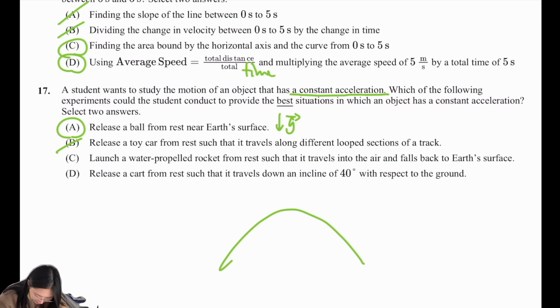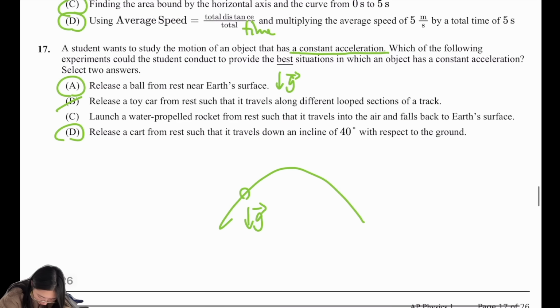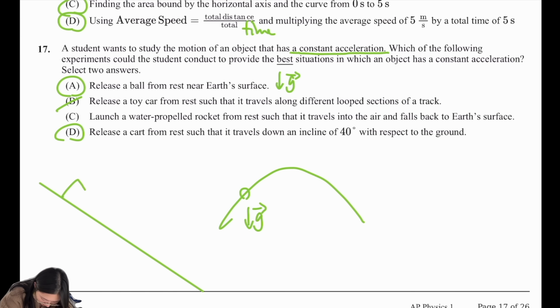C represents the projectile motion of an object, but its velocity is not pointing in the same direction as acceleration. So I would say D is a better situation that describes an object with a constant acceleration. So in D, when a cart is moving downward, its speed is getting faster and faster because it experiences an acceleration pointing down along a slope.